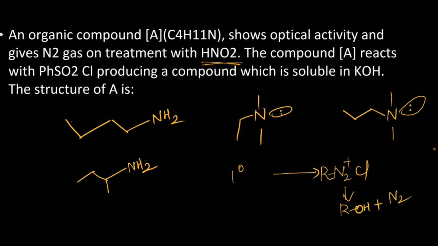The compound A reacts with PhSO2Cl, that is Hinsberg reagent, right? Producing a compound which is soluble in KOH. So after reacting with Hinsberg reagent, it forms a compound soluble in KOH, hence the amine is a primary amine.